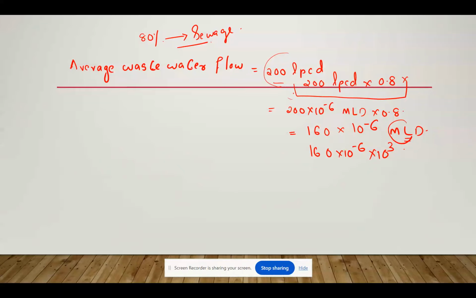But when we do this, what are you getting? Let me convert the units. Here it is 160, then into 10 to the power minus 3. This is million meter cube per day.